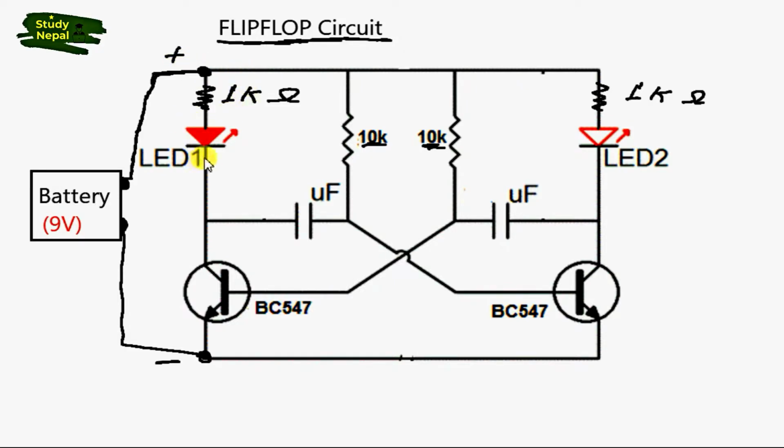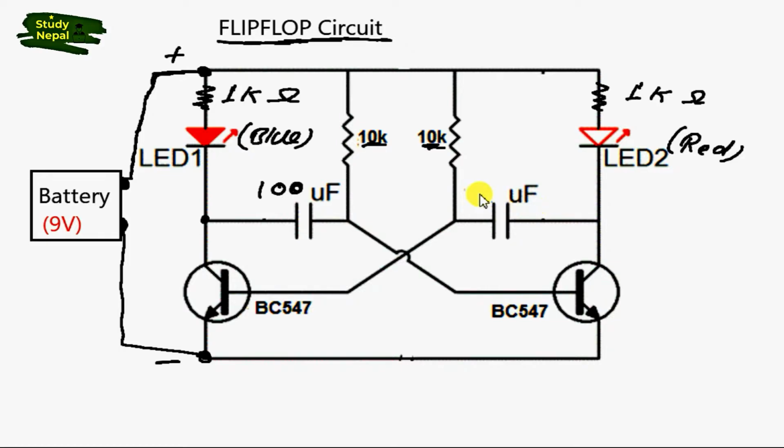Now let's go to the first LED. The first LED will be here in the color blue, and the next LED is in the color red. The LED is connected to the positive terminal, and the negative terminal of the LED is connected to the capacitor, and the value of this capacitor is 100 microfarad.